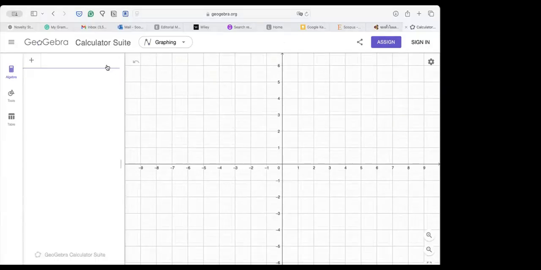Then you add each constraint and define the feasible region first. After that, you draw the gradient of the objective function.